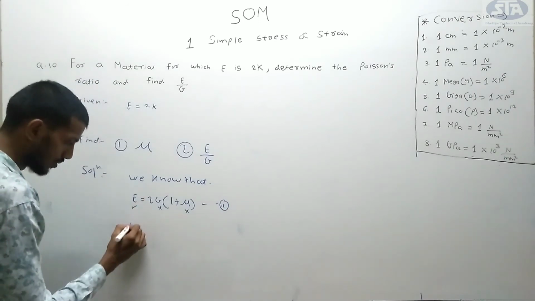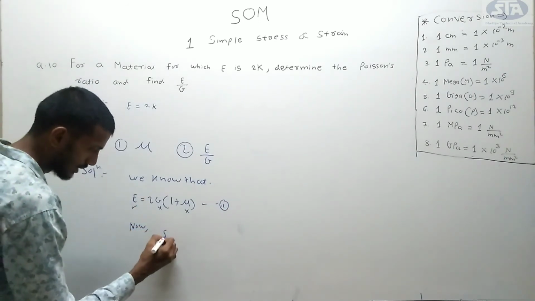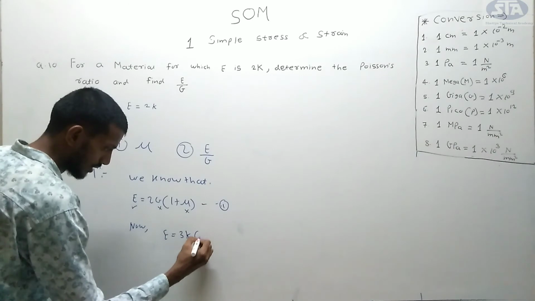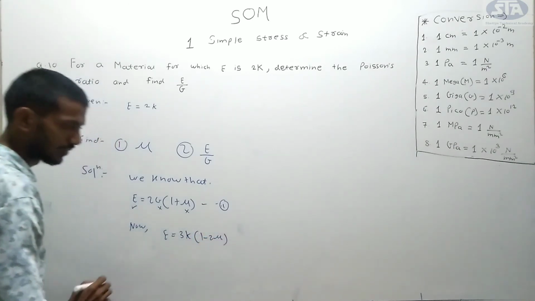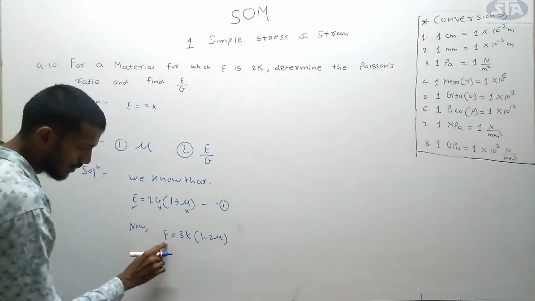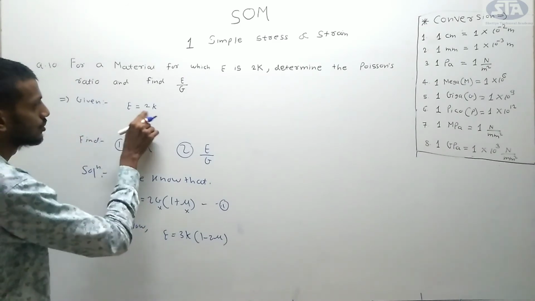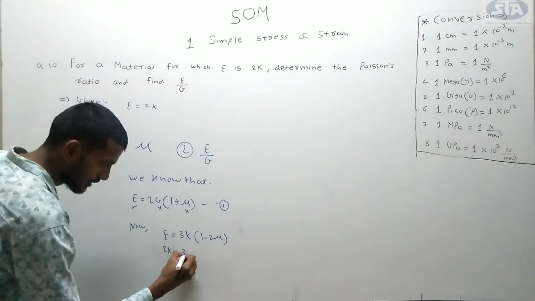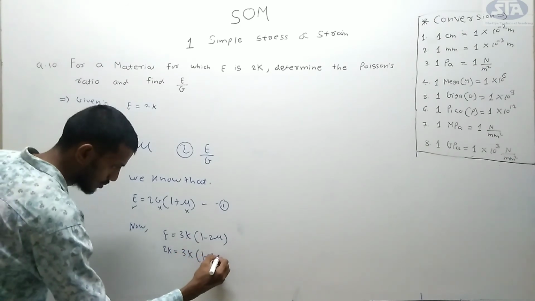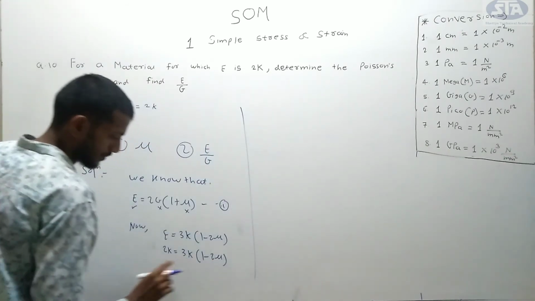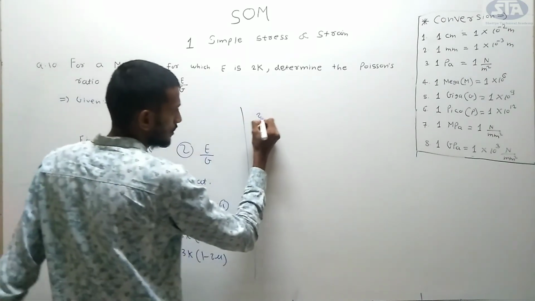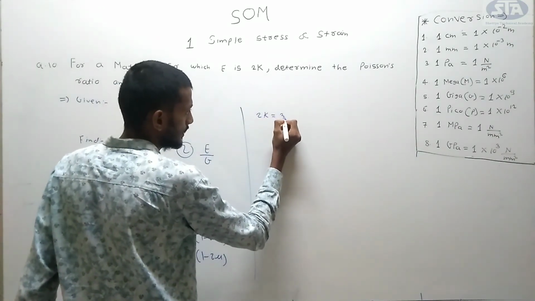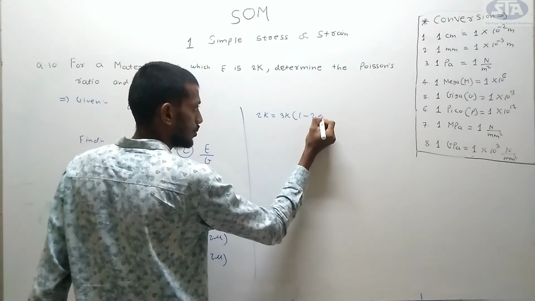Now we know another equation, E is equal to 3K into 1 minus 2 mu. We know the value of E, that is 2K, so we put 2K is equal to 3K into 1 minus 2 mu.